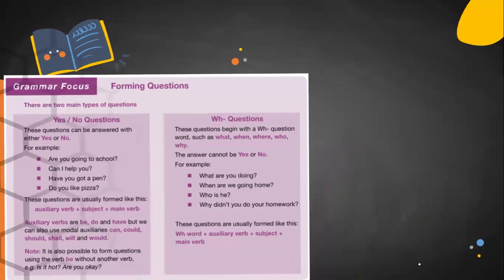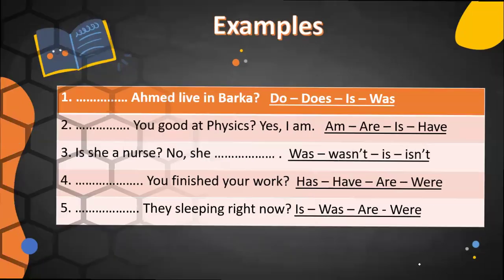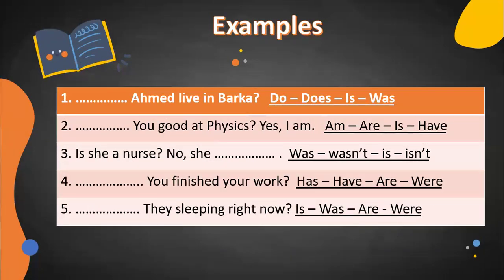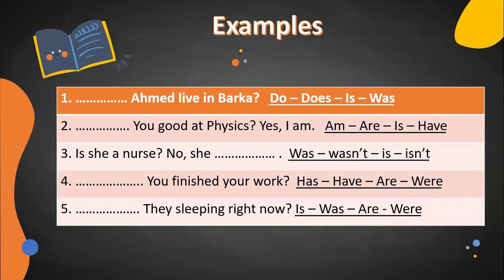Okay, now let's have these examples here, and we have to choose the correct answer. Dash Ahmed live in Barka. Okay, we have do, does, is, and was. Now look at the verb live. It doesn't end in ing, so we cannot use was.